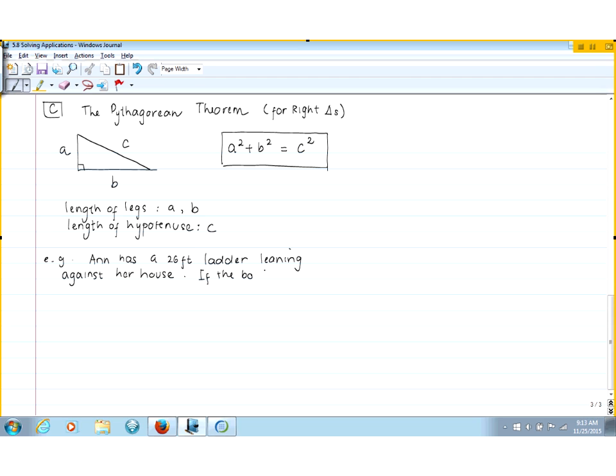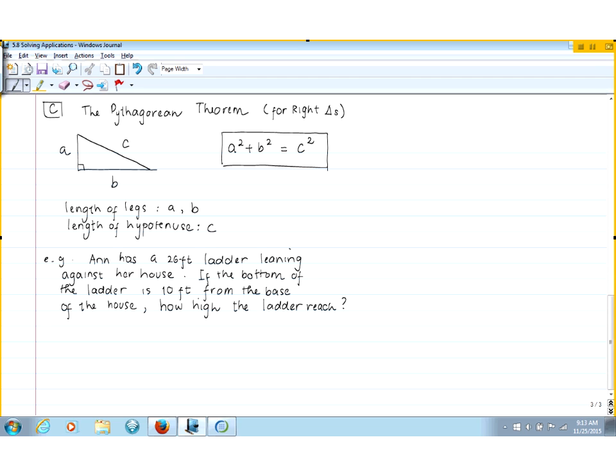If the bottom of the ladder is 10 feet from the base of the house, how high does the ladder reach?